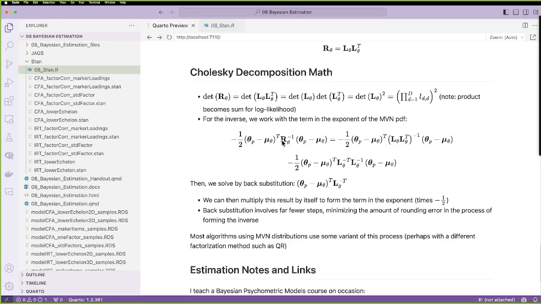So if we replace R with its lower triangle times its upper triangle, or L times L transposed, and do a little bit of matrix algebra, this middle equation can be split, where one side is theta minus mu transpose times L transpose, and the other side is theta minus mu times L to the negative 1.